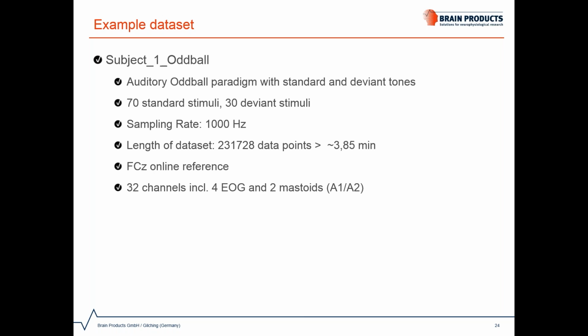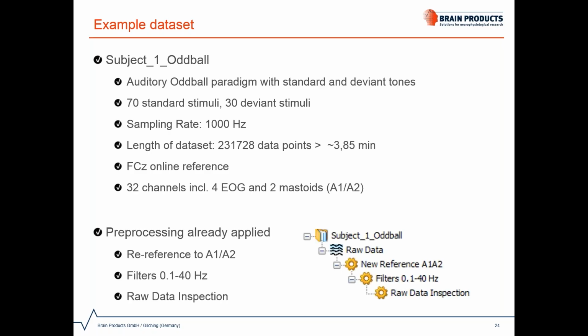In order to focus right away on the ICA, I have already pre-processed the dataset, and you will recognize again the steps I've just mentioned. The data was first re-referenced to the mean of the mastoids, as this is the usual reference scheme for an oddball paradigm. Then the dataset was bandpass filtered between 0.1 and 40 Hz to remove slow drifts and high frequency noise.